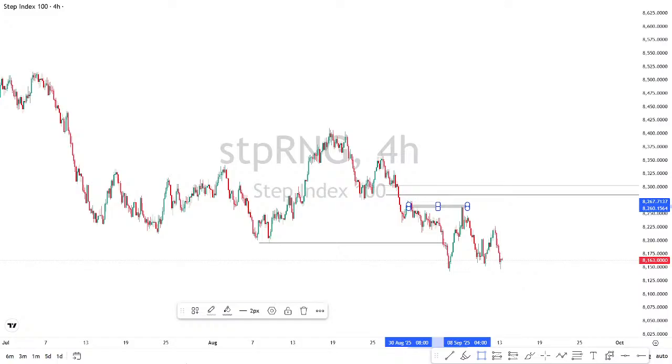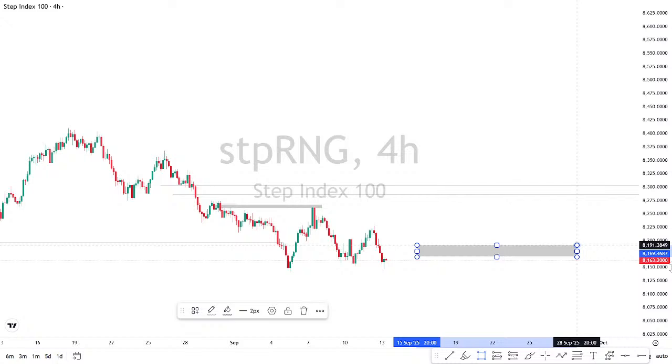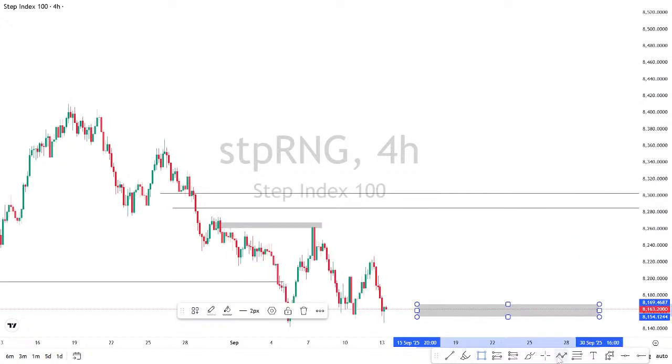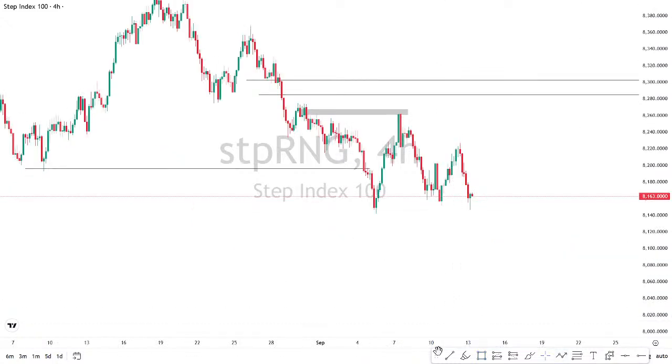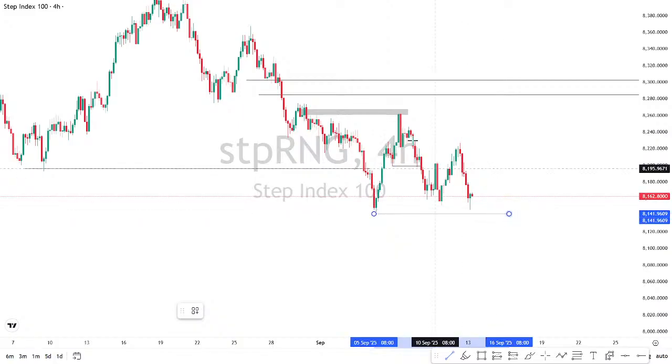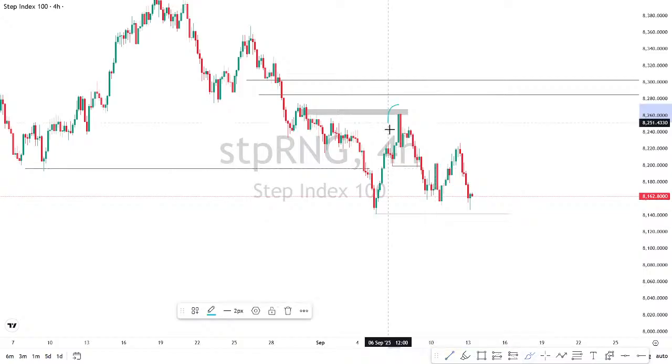And market has given us a change of character here. But let me tell you something, right? After market takes out this low I'm marking out right now, I am expecting it to come back and use this high as the inducement.